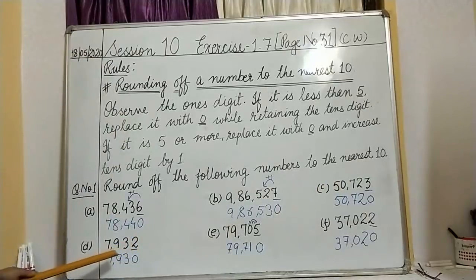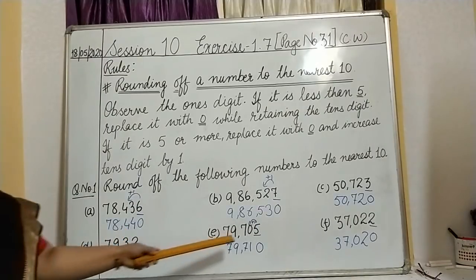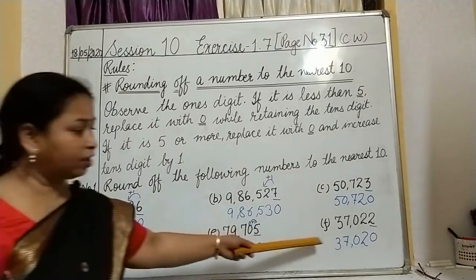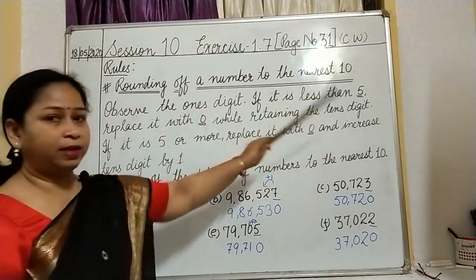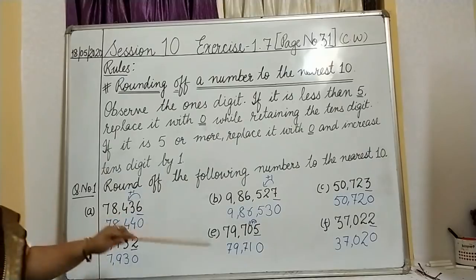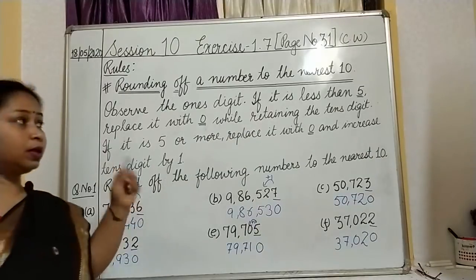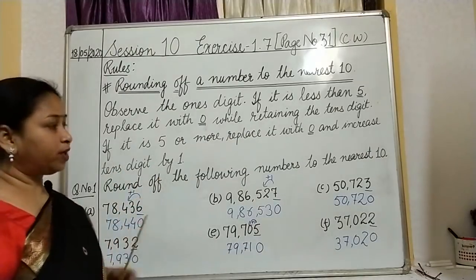Then question number D, is it visible? Question number D, 2 is present there. Then question number E, 5. Then question number F, it is 2. The first digit is underlined. Then, if it is less than 5, wherever the ones place was less than 5, what have we done?